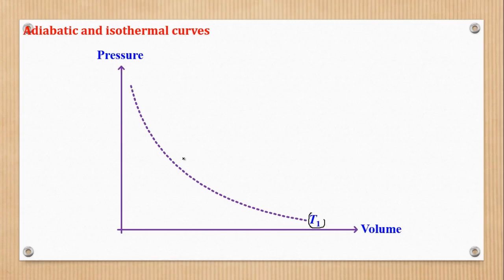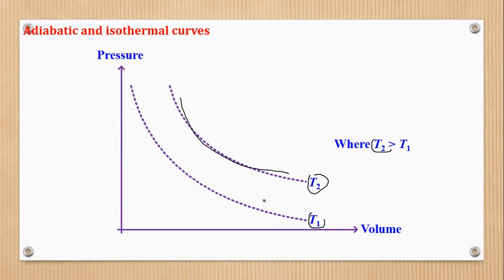So along this curve, volume is changing with pressure, but temperature is constant. Even this one, volume is changing with pressure, but temperature is constant. And the higher temperature is above the curve. For example, if T2 is bigger than T1, it will be above. And then a smaller temperature than T1 will be below T1, like that.